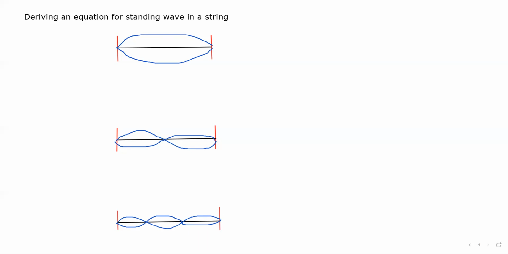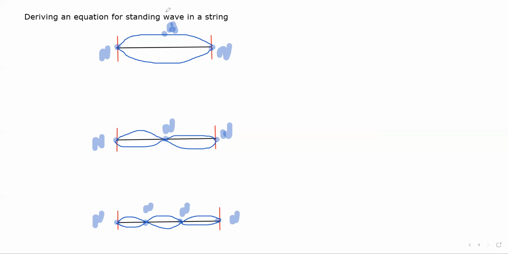So if we say here we have a node and antinode, then here we have a node, and node is there, then node and node.